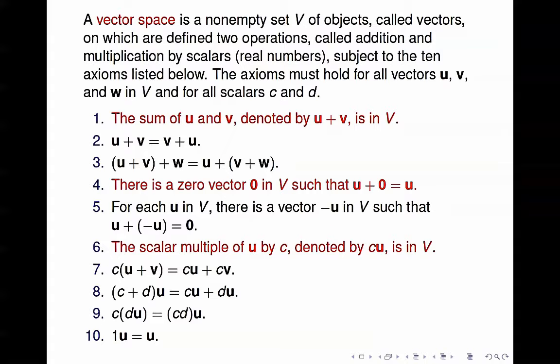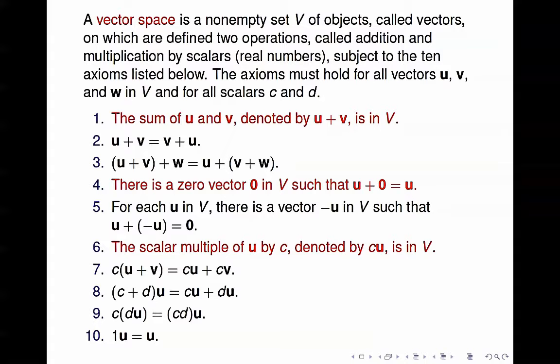As we'll see in a minute, this property is called closure, or we say that the set is closed under addition if this property holds. Okay, 2 and 3 are some standard properties. Number 2, we have the commutative property, 3, associative.